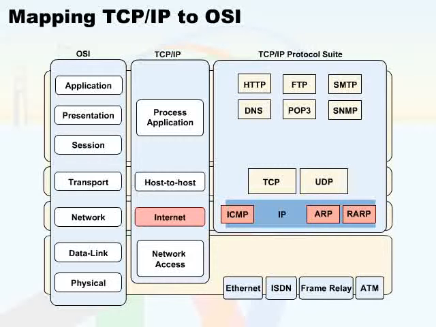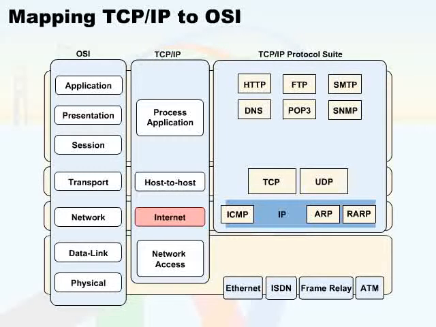Address Resolution Protocol, or ARP as it's known, is responsible for mapping IP addresses to layer 2 MAC addresses, whereas the Reverse Address Resolution Protocol, or RARP, is responsible for mapping a layer 2 MAC address to a layer 3 IP address. So one uses forward addressing and the other uses reverse addressing, and thus it is called the Reverse Address Resolution Protocol, or RARP.